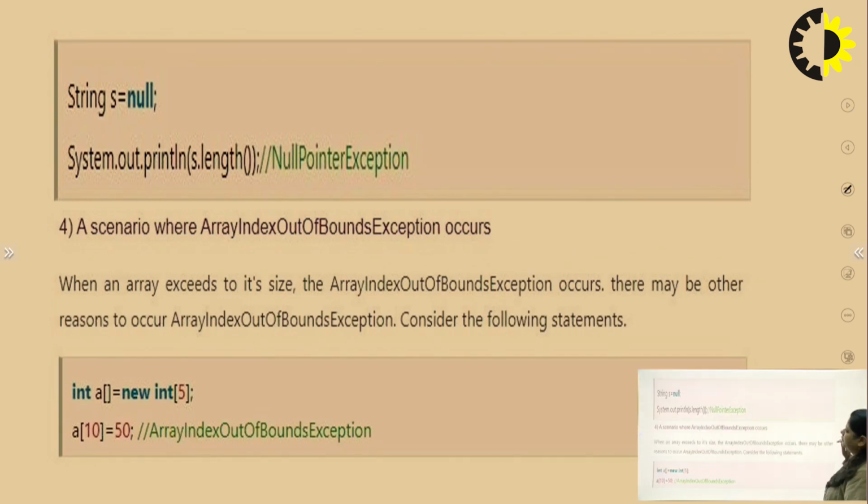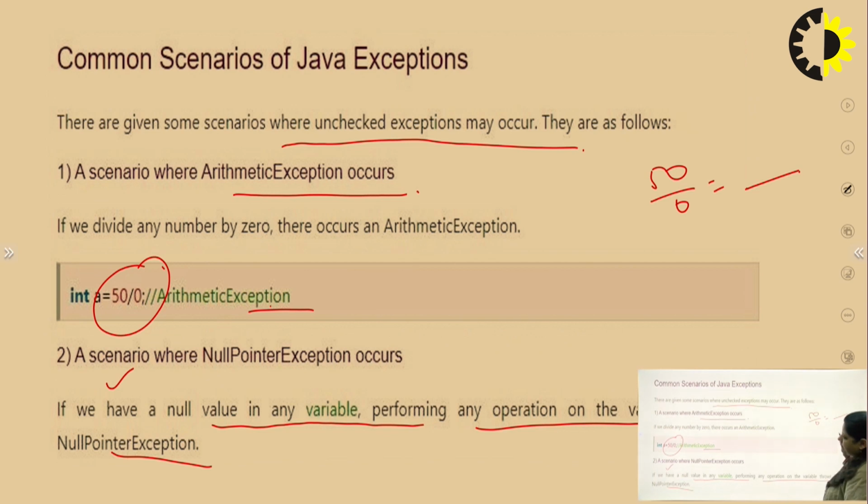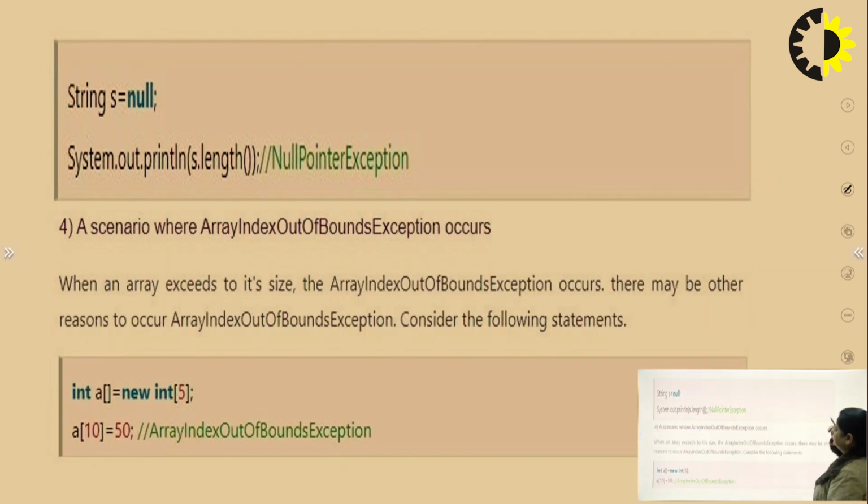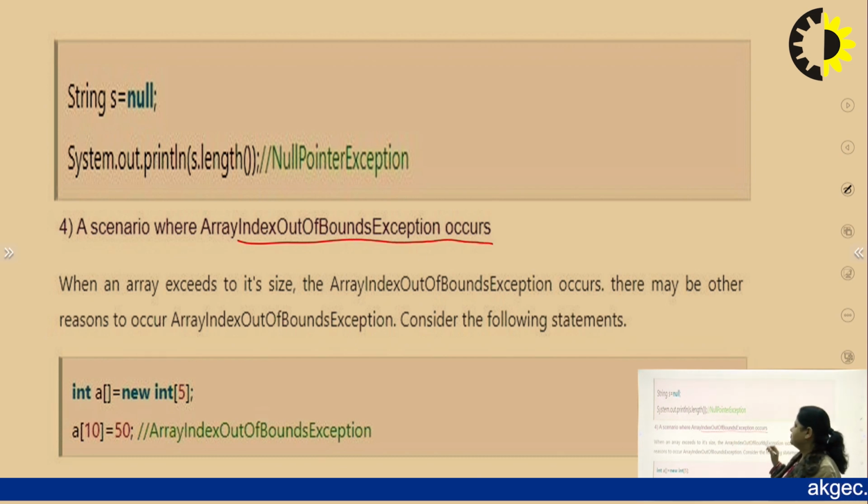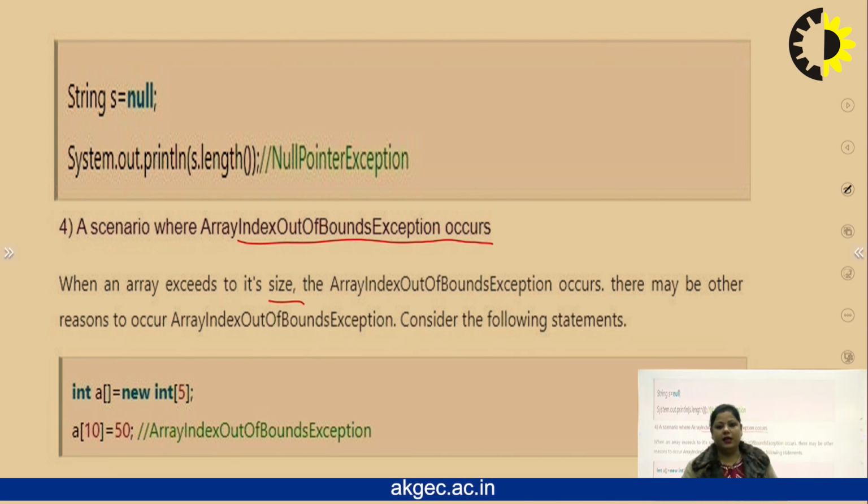Now, the scenario where an array index out of bounds exception occurs is when an array exceeds its size. As we already know, when we define any array, there is a must condition, that is, we initialize the size of the array initially.